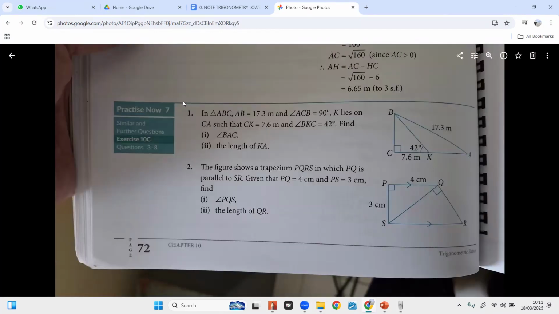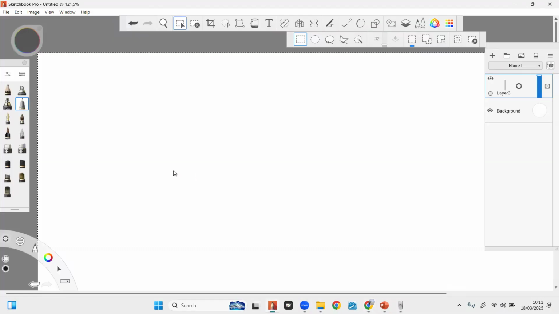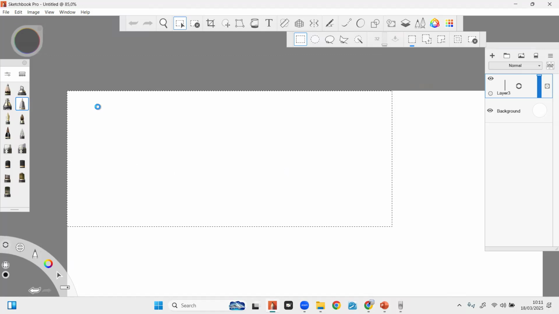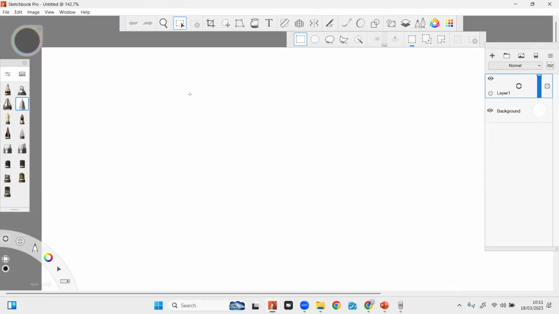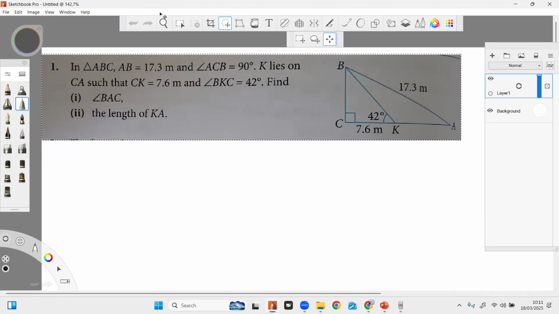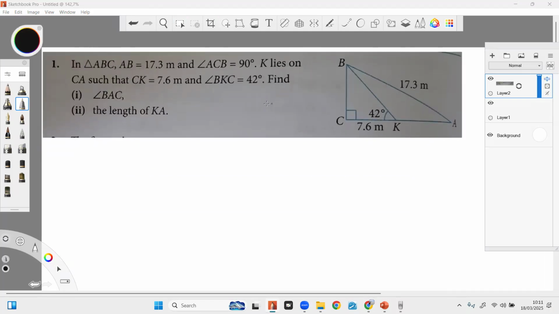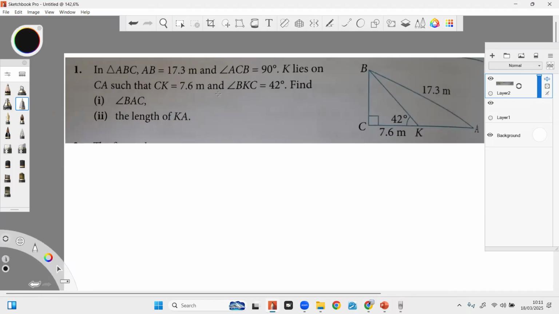So for Practice now 7 number 1, it's more or less similar to what we did previously, but let's do it one more time because I believe that practice makes perfect. Try to perfect the idea about this. Look, how many right angle triangles are there: BCK and BCA, right?